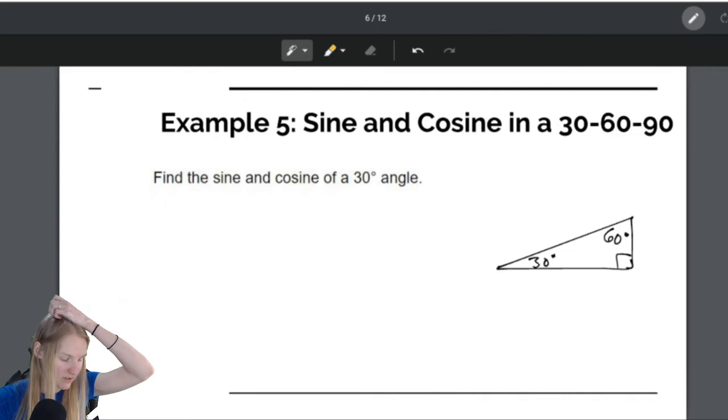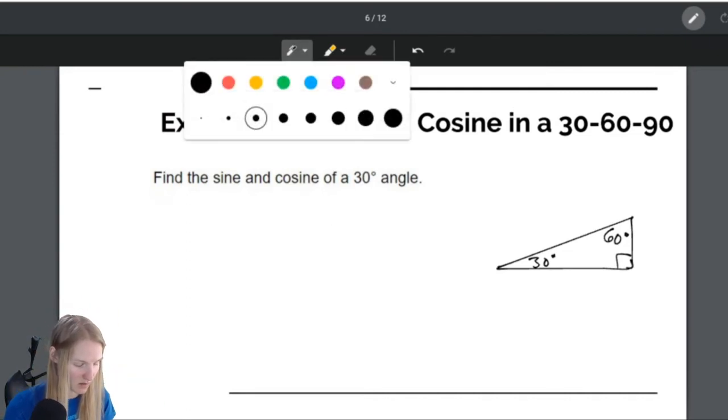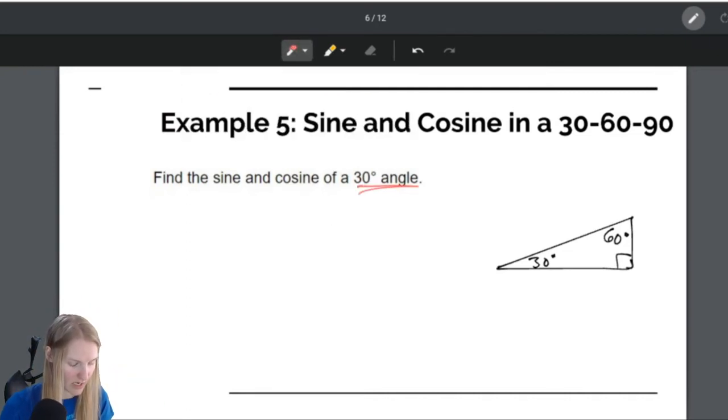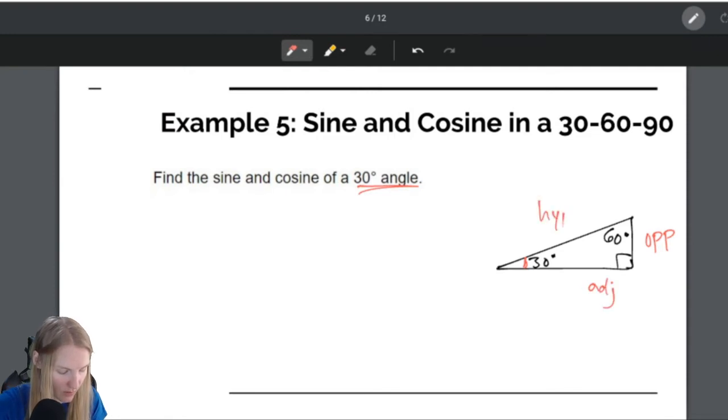Okay, so we want sine and cosine of a 30-degree angle, which means we're going to be looking at this one right here. And if that's the angle we're looking at, that makes our opposite this side, our adjacent this side, and of course our hypotenuse is always opposite the right angle.